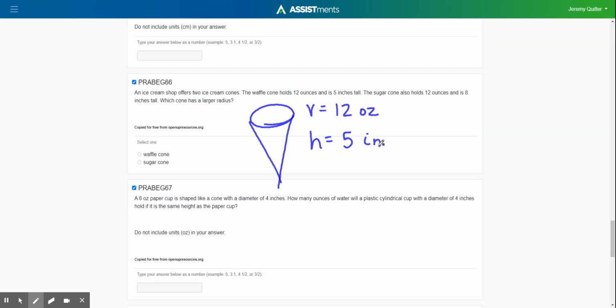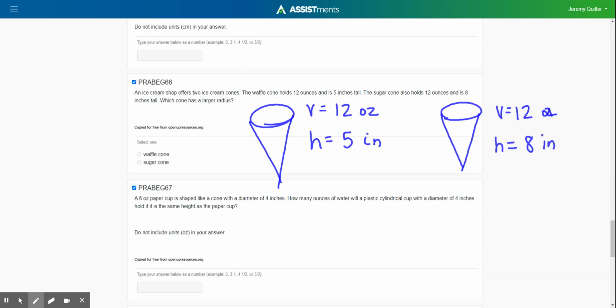The sugar cone, something a little bit different, but really the same thing, just a different material, holds a volume of 12 ounces. But its height is 8 inches. So a little bit different in the height.